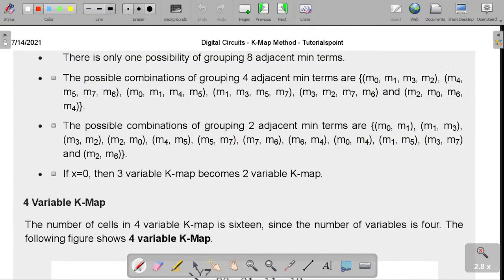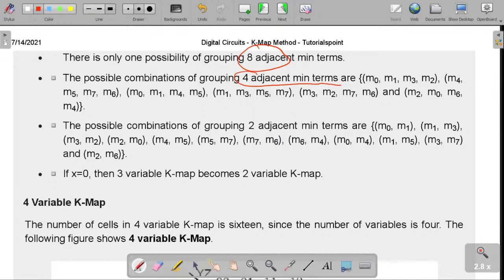Now there is only one possibility of grouping the 8 adjacent minterms.